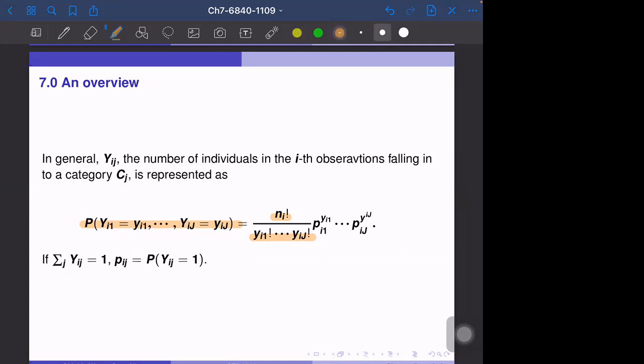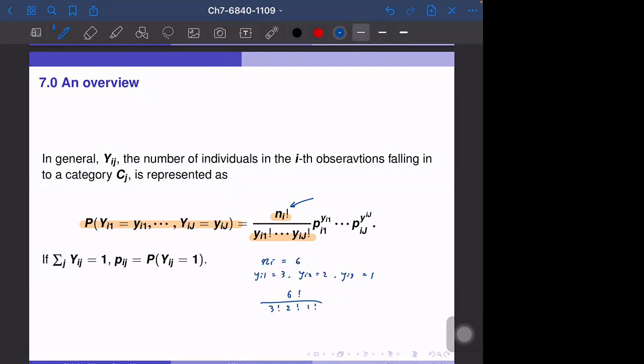For example, if n_i is equal to 6 and we have 3 categories, and yi1 is equal to 3, yi2 is equal to 2, and yi3 is equal to 1, then this is 6 factorial divided by 3 factorial, 2 factorial, 1 factorial. In the textbook there is a typo and this factorial is missing.